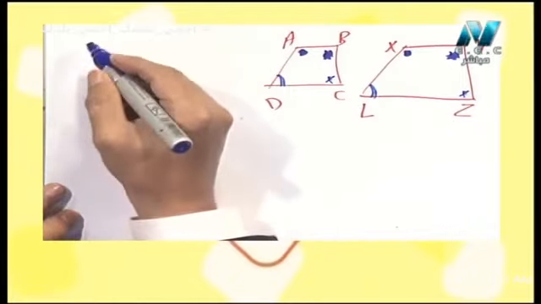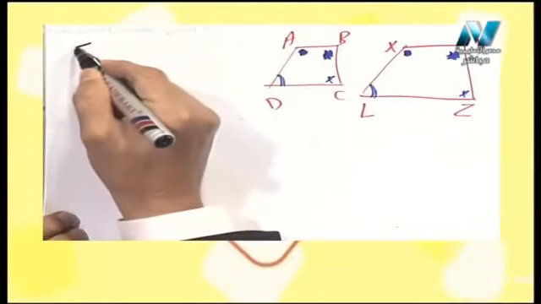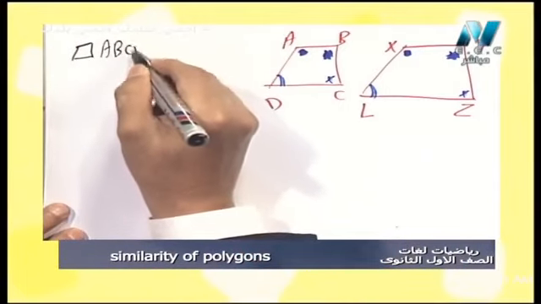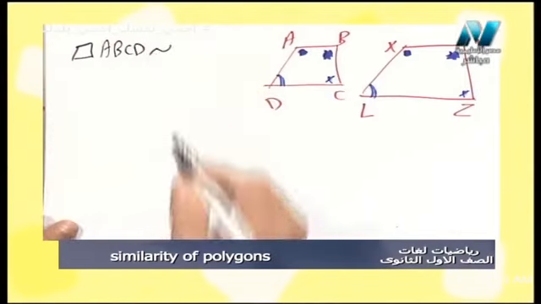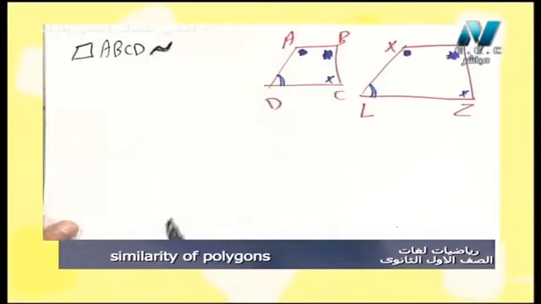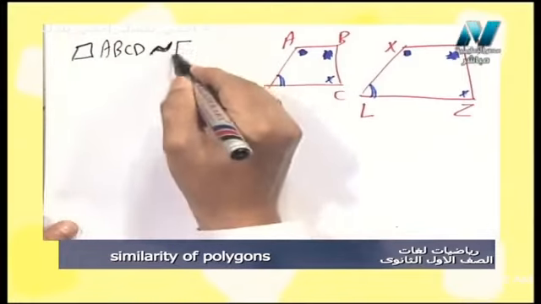We say that polygon ABCD is similar to, this is the sign of similarity, the quad.